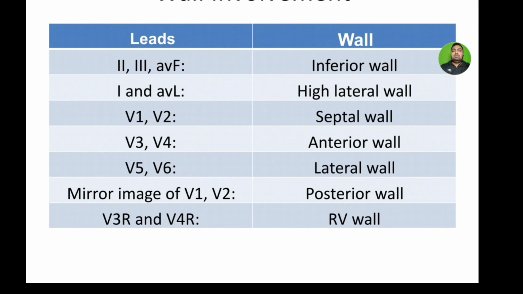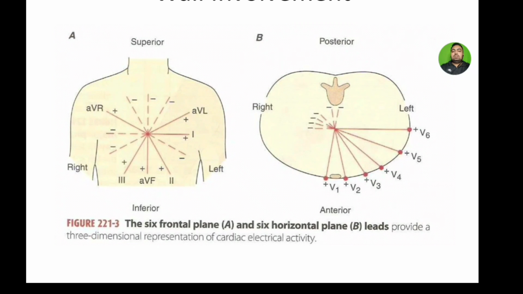Now let us see which are the leads, the referral points, and what they suggest. The inferior wall of the heart is best seen with leads 2, 3 and AVF.